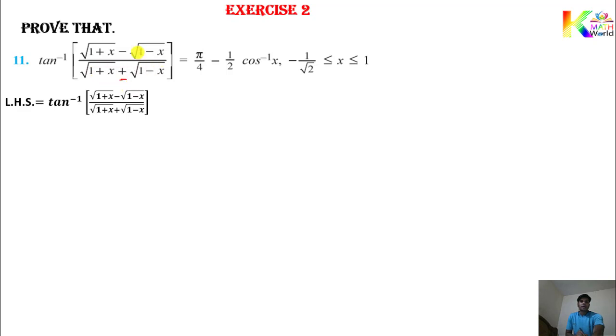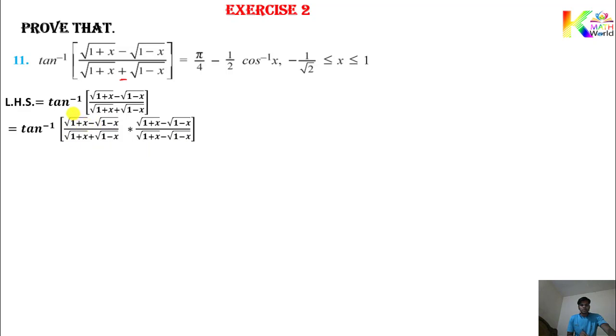Whatever you get, by that number you should multiply and divide. It means we multiply and divide by root of 1 plus x minus root of 1 minus x.